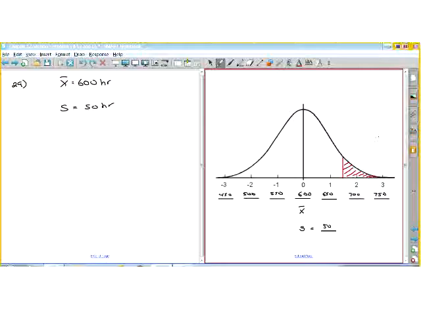So how do we do this? Well, again, you got to use subtraction. In the previous ones, we went all the way out to the end because we were saying greater than this, but here it doesn't go quite out to the end. So what we're going to do is find the area from the mean all the way to the larger z-score, right about there.